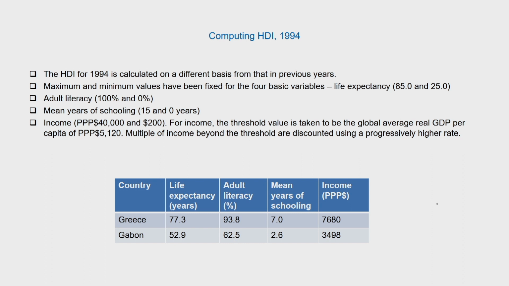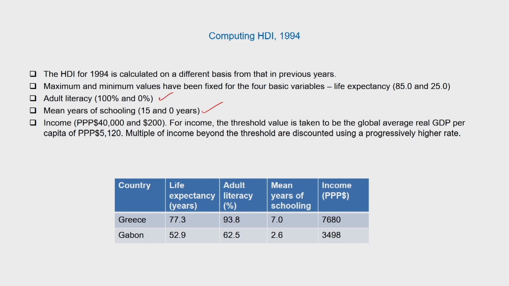So between 1990 and 1993, the minimum and maximum were taken from the list of the countries for which the achievements were shown, but in 1994 the maximum and minimum values were fixed for the four basic variables: life expectancy, adult literacy, mean years of schooling and income. There were two changes that took place. One was the fixation of goal posts, so fixation of minimum and maximum values, and the second was the change in the indicator list compared to the earlier years.